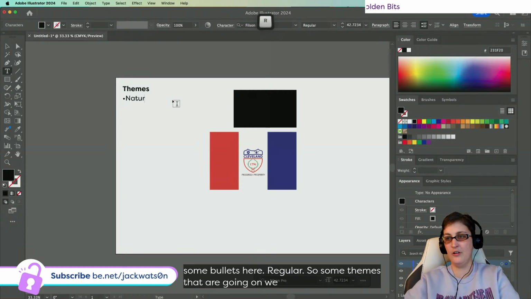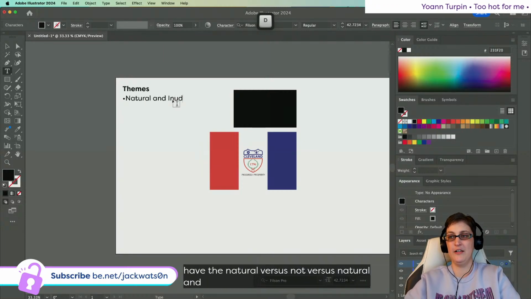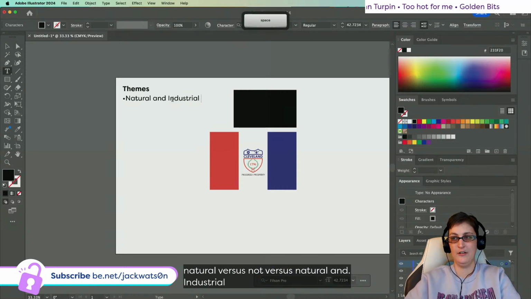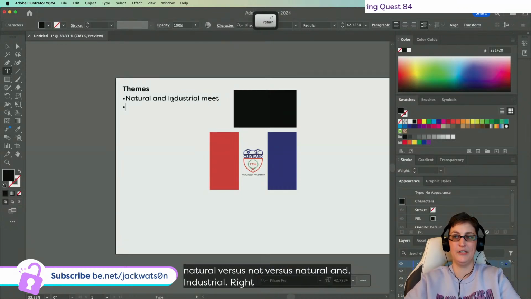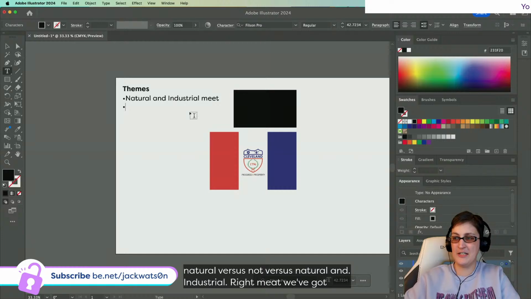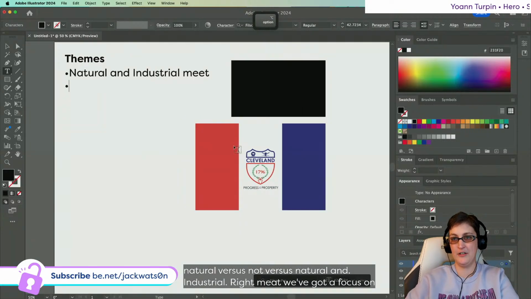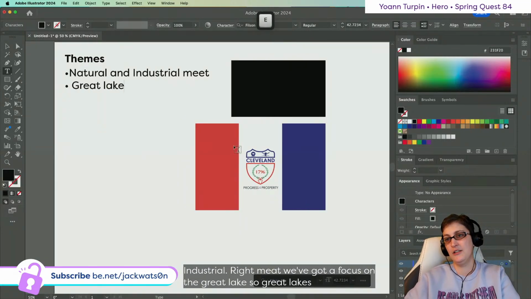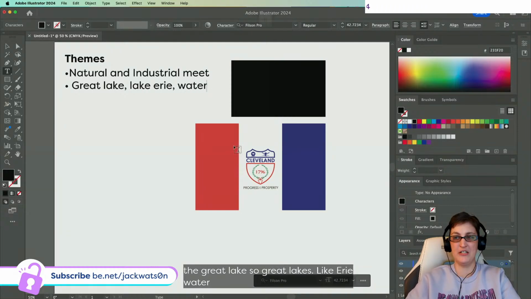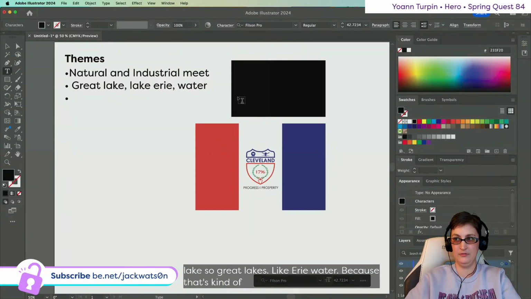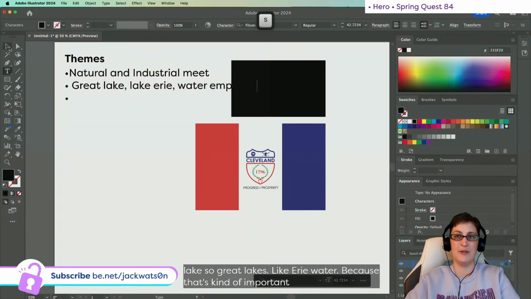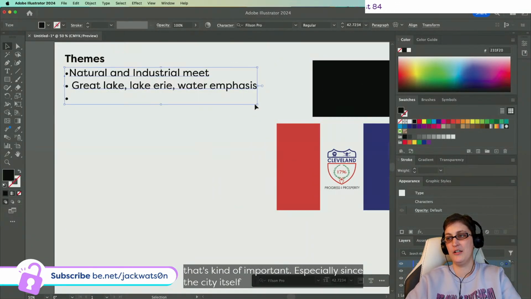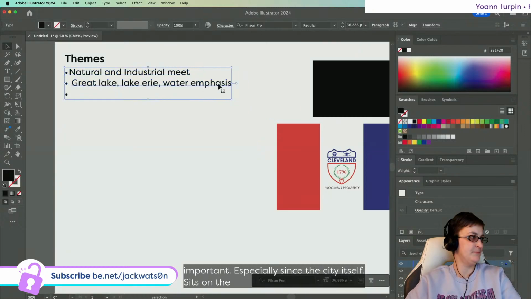We have the natural and industrial, right? We've got a focus on the Great Lakes. So Great Lakes, Lake Erie, water, right? There's an emphasis on the water because that's important, especially since the city itself sits on the lake.